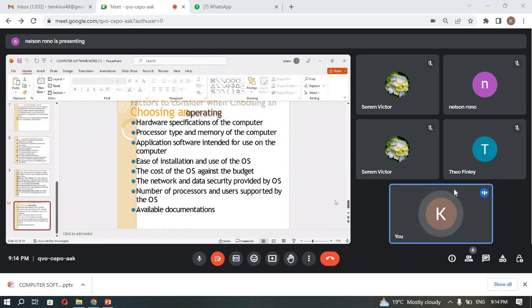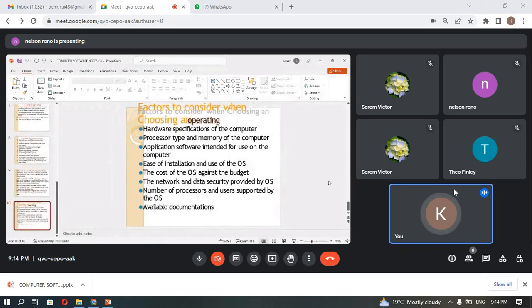As we come to the end of the lesson, we have factors to consider when choosing an operating system. Probably in one way or the other, you will come across an operating system, and you should be in a position to consider some factors.